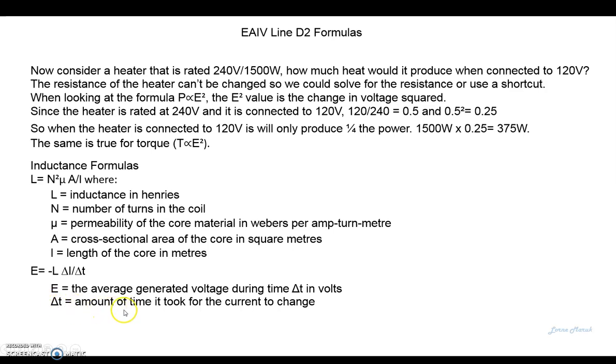The delta T is the amount of time it took for the current to change. And delta I over delta T is the average rate of change in current over time in amperes per second. You'll be required to use these formulas in the self-test for D2.